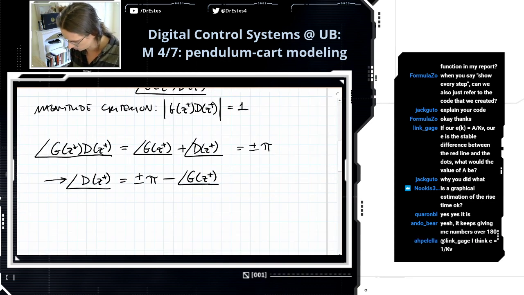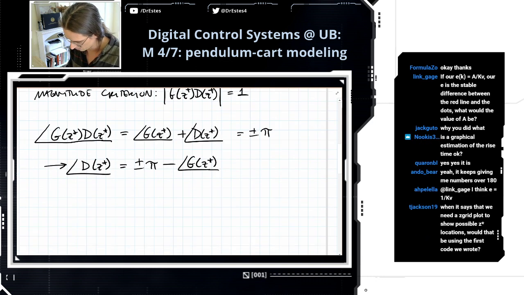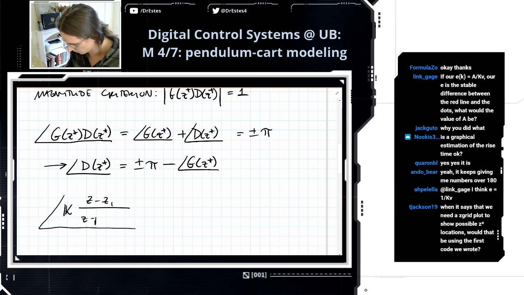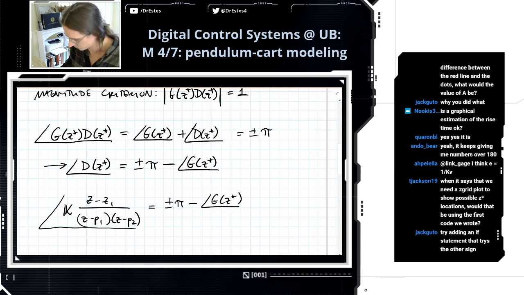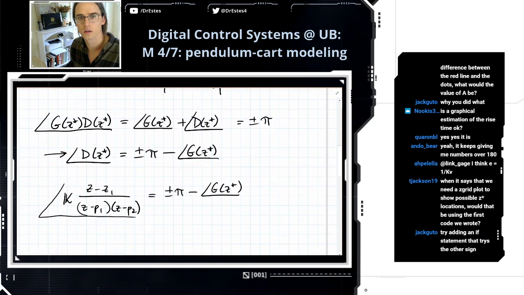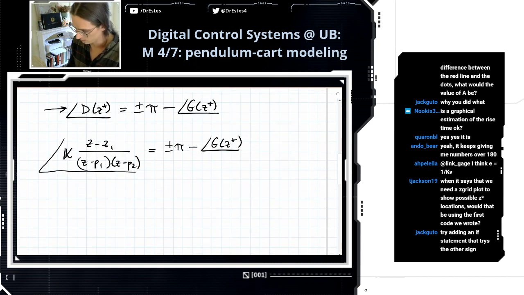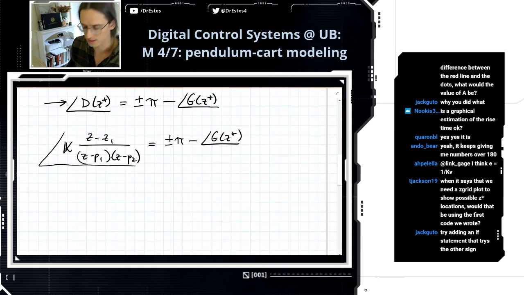what I would do is the angle of D, let's just substitute this in here. It's the angle of this gain, Z minus Z1, Z minus P1, Z minus P2. So I'm going to break this apart because I want you to see this. Let's expand this left-hand side.